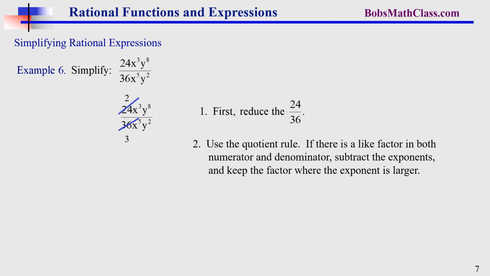The top. By how many? By 6. So that's our answer. So we have 2 over 3, and there's y to the 6 on top and x squared on the bottom. Again, you subtract the exponents, larger minus the smaller, and then keep it where the exponent was larger.